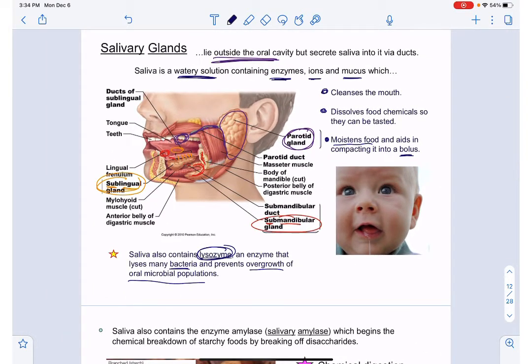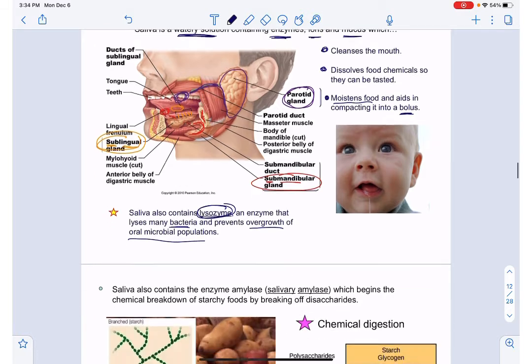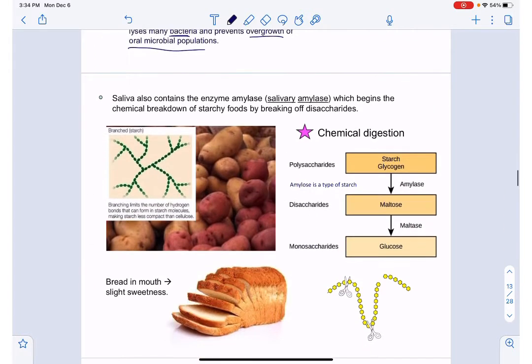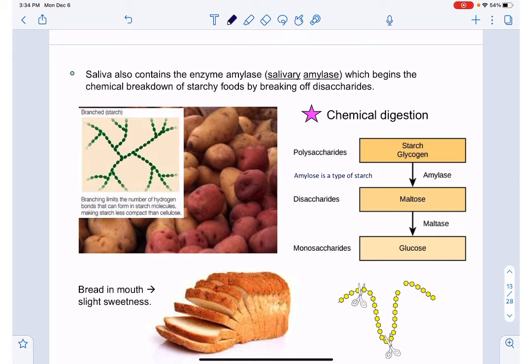And if you remember from our earlier discussion, chemical digestion is also going to occur in the oral cavity. And that's because the saliva contains an enzyme called salivary amylase that's going to start the breakdown of carbohydrates. It's going to start the breakdown of starch.